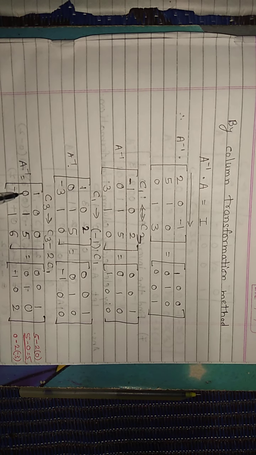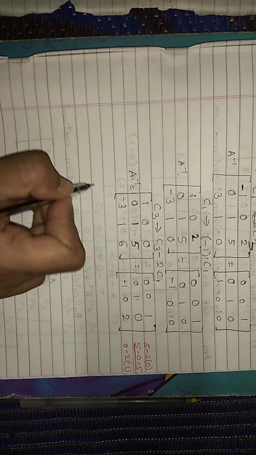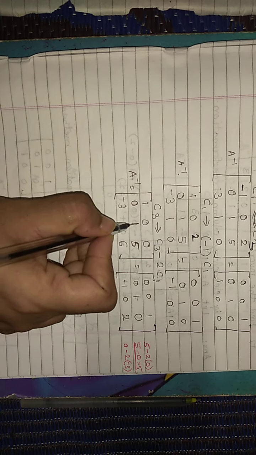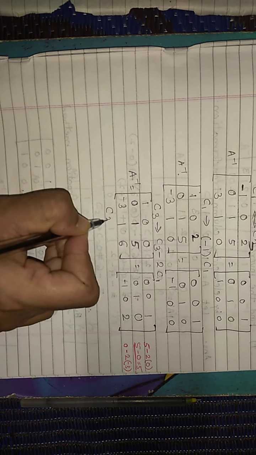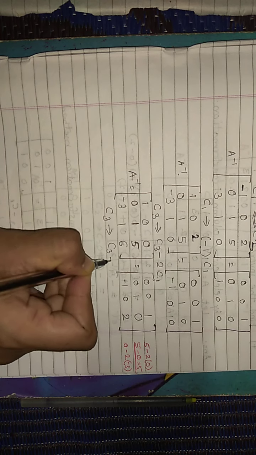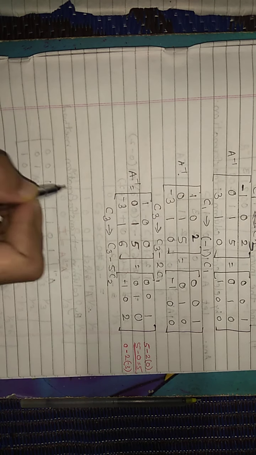But already here 1 and 0 is present. So we convert this 5 as a 0. 5 minus 5 is equal to 0. So with the help of 5 and second column, we write C3 changes to C3 minus 5 times C2.